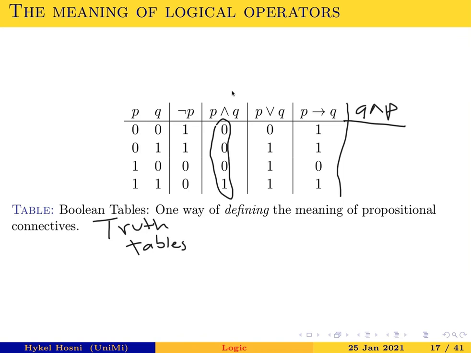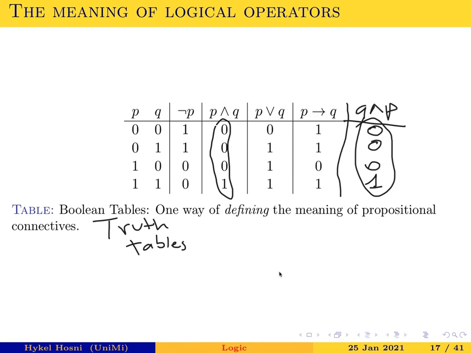The table tells you what the actual meaning is, and this meaning is important because it is exactly what allows you to say that P and Q, and Q and P, are distinct sentences, but they mean the same thing. And that coincidence of meaning depends on the fact that they have the same Boolean table.